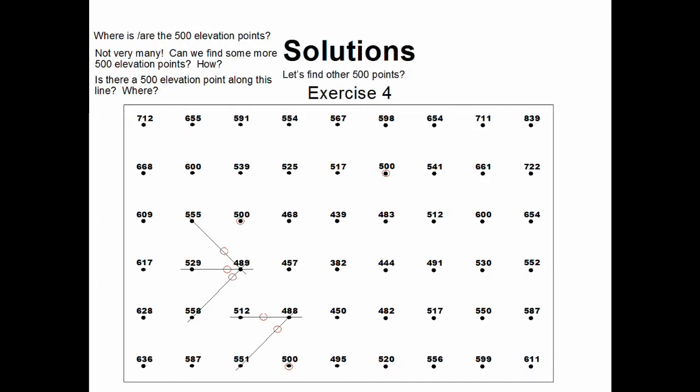Let's find some other 500 points. I won't draw the lines anymore. Just plot the points where I see one value below 500 and the other value above 500, and just imagine the line between those. There would be one probably here between the 468 and 539. What about 468 to 525?